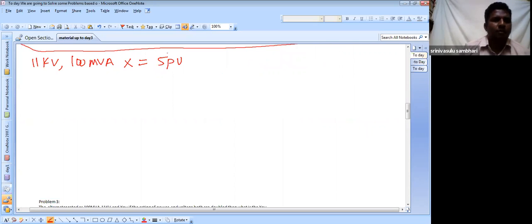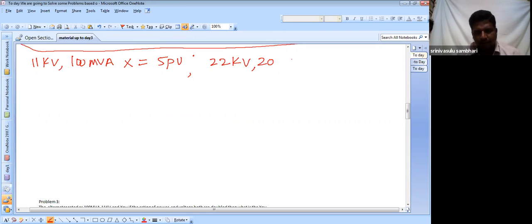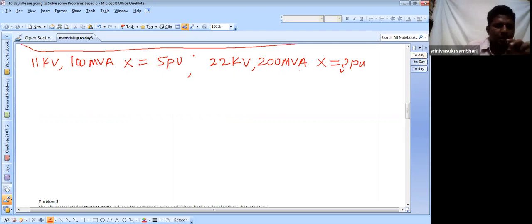For 11 kV, 100 MVA, the alternator reactance is X equal to 5 per unit. Now for 22 kV, if I change the rating base values and 200 MVA, what is the X in per unit? How much? Are you getting my point?